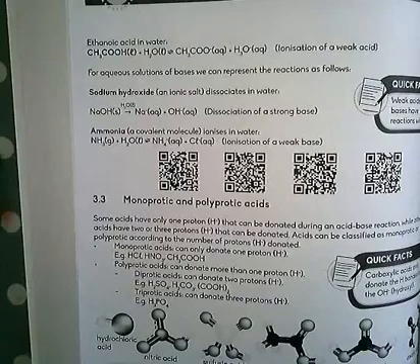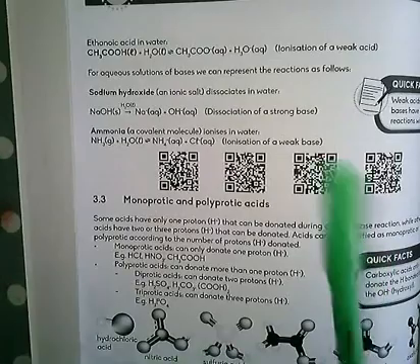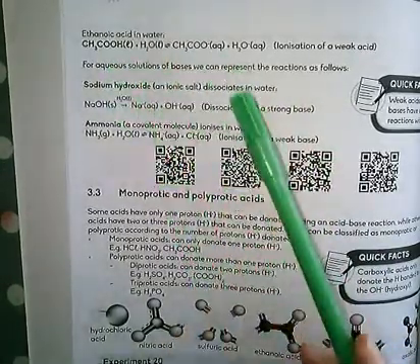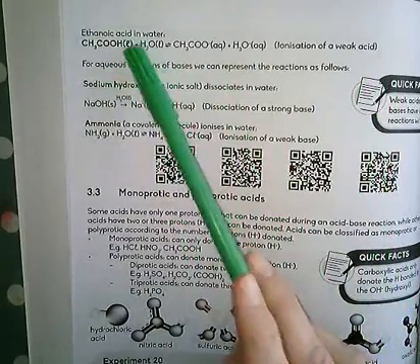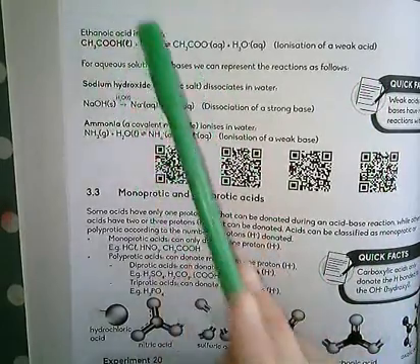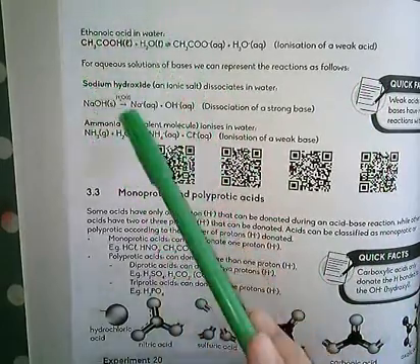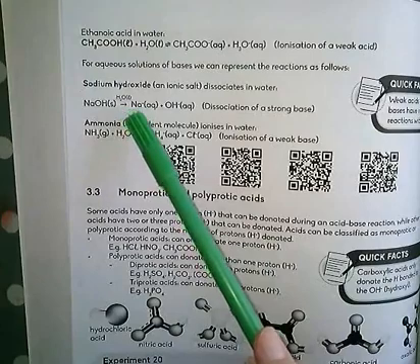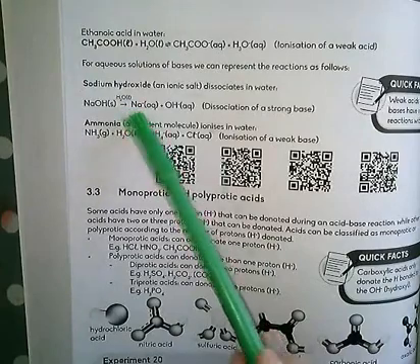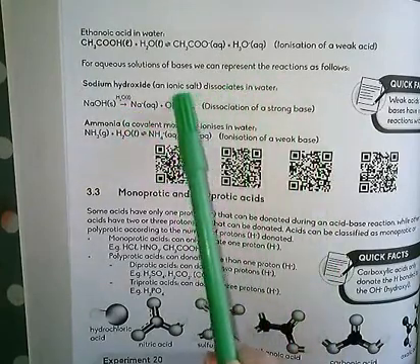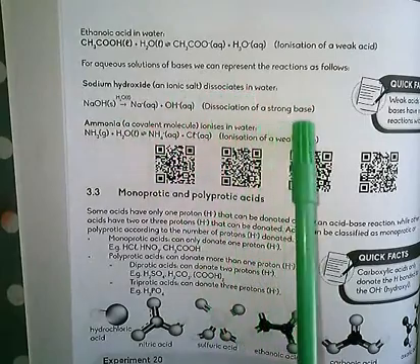Okay, then on page 312, here at the top, they distinguish how ethanoic acid and sodium hydroxide would react in water. But what they refer to here is dissociation of a strong base.